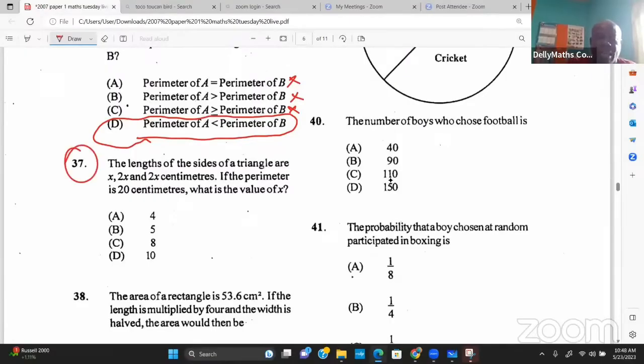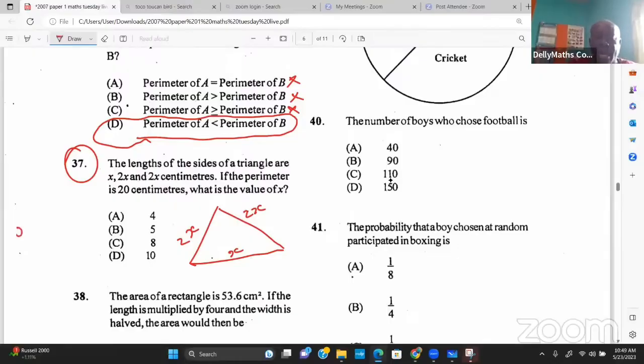So let's go. 37. The lengths of the sides of a triangle are as follows. So why not just draw your triangle, your scaling triangle. So we have an X. Oh, it's an isosceles, right? So we have a 2X, we have 2X, we have X. So the length of the side X, and if the perimeter is 20, all right, what is the value of X? So again, having a diagram is always very, very important.